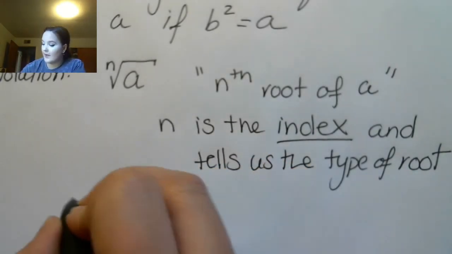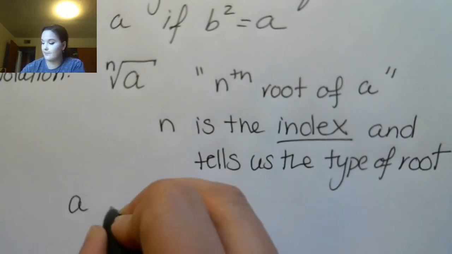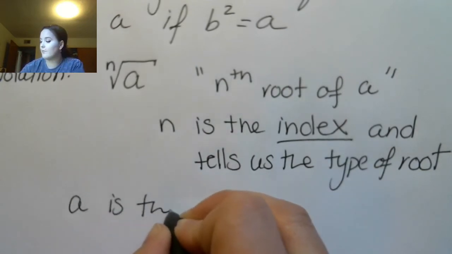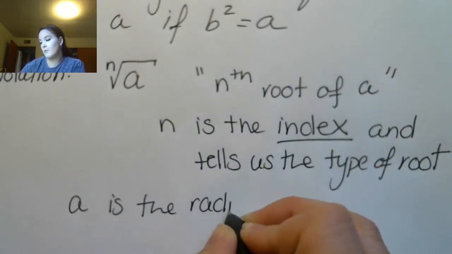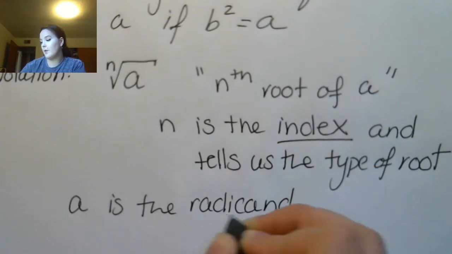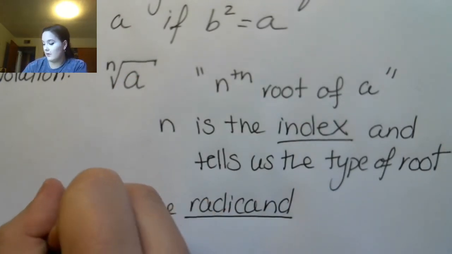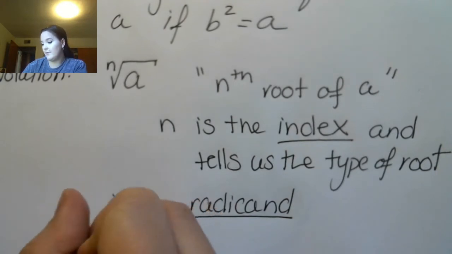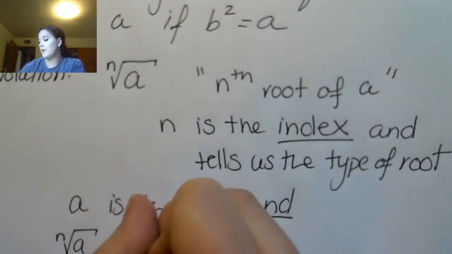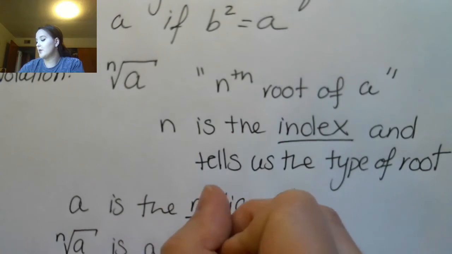A is called the radicand. The inside part of the root is called the radicand. And then the whole thing is a radical expression.